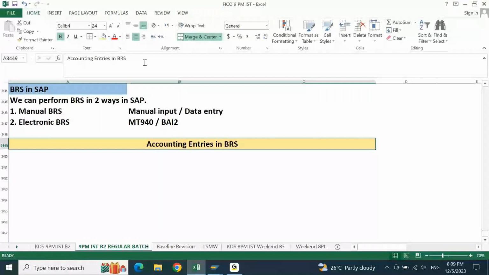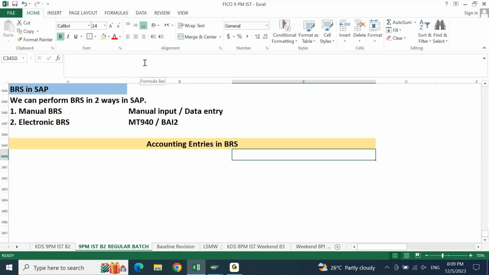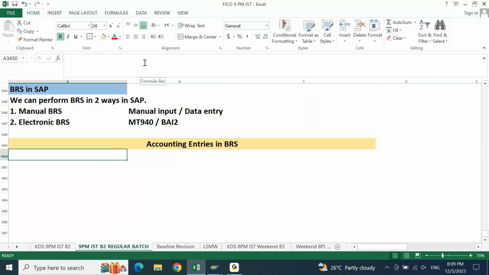Now, there are two types of accounting entries. One is original entry. Second one is BRS entry.